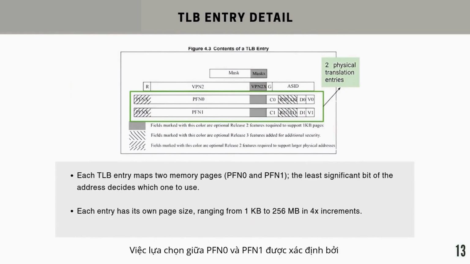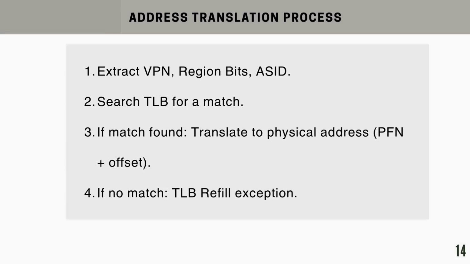The selection between PFN0 and PFN1 is determined by the least significant bit of the virtual address that is not part of the page mask. Furthermore, each TLB entry has its own page size, which can range from 1 kilobyte to 256 megabytes, in multiples.